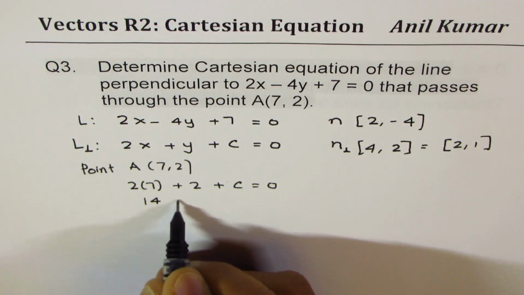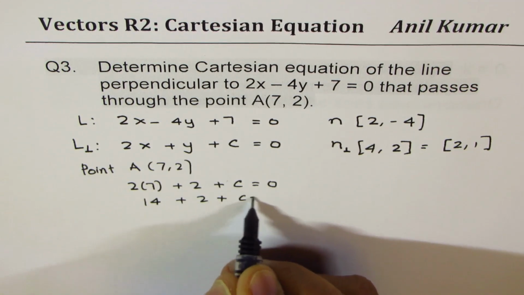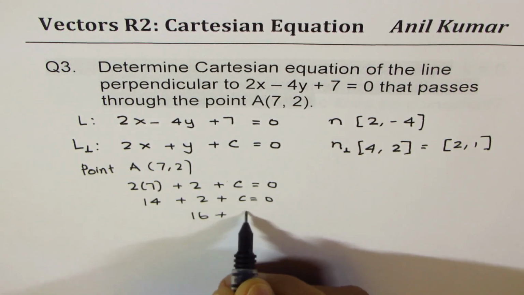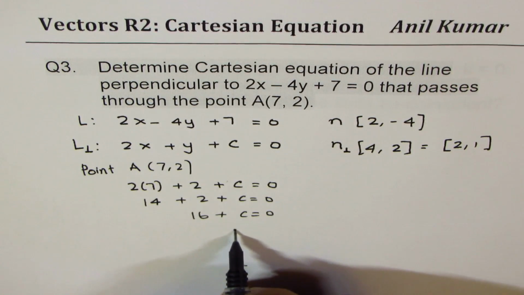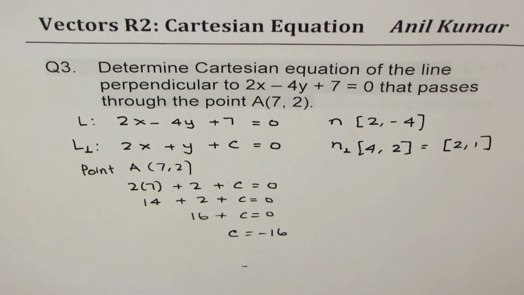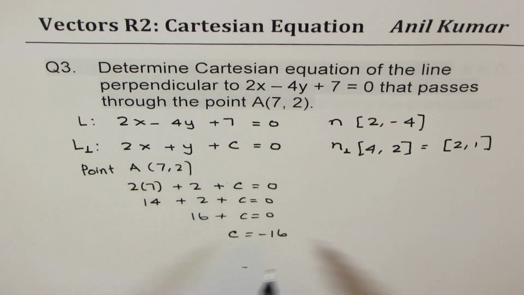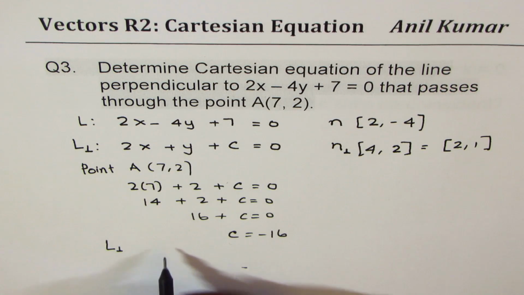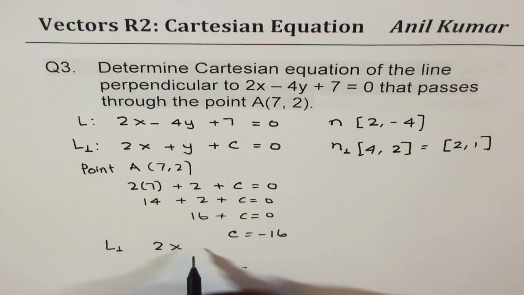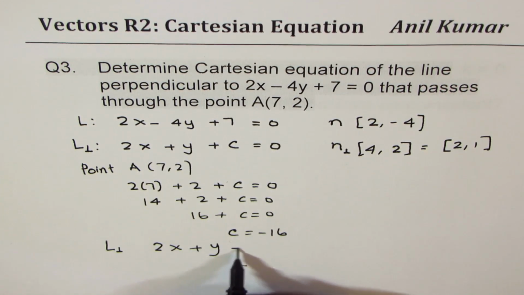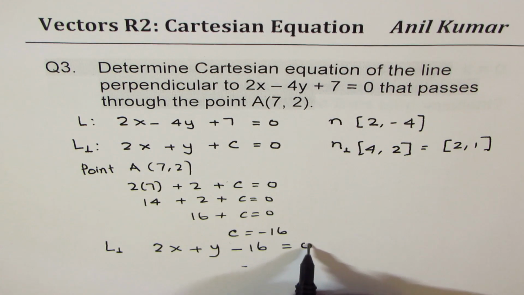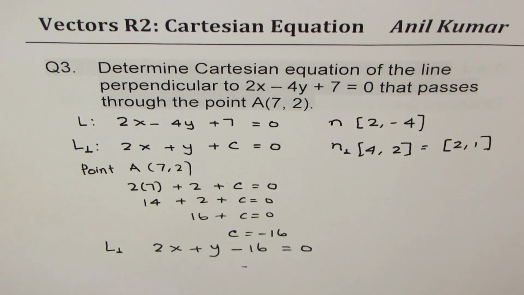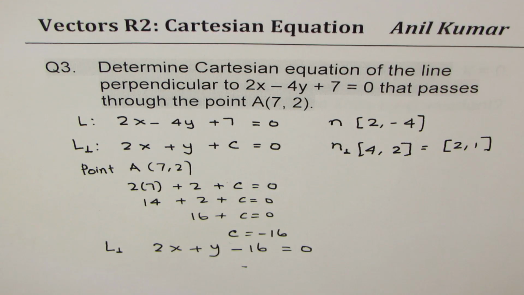That gives us 14 plus 2 plus c equals to 0, 16 plus c equals to 0, or c equals to minus 16. Do you see that? Substituting, we get our equation. So the line which is perpendicular to the given line should be 2x plus y minus 16 equals to 0. So do you see how we can do it, right? Let's move on to question number 4.